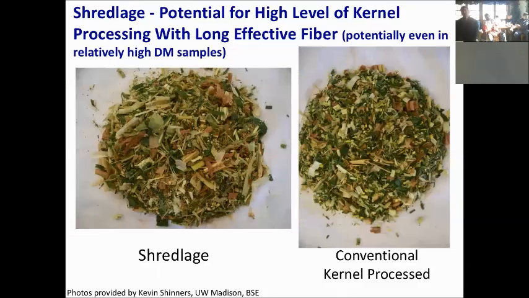Of course, the shreddage machines that are out there now have really great potential. In my mind, the two most important things with the shreddage machines are that you can have more consistent, higher corn silage processing scores along with longer physically effective fiber in your sample.